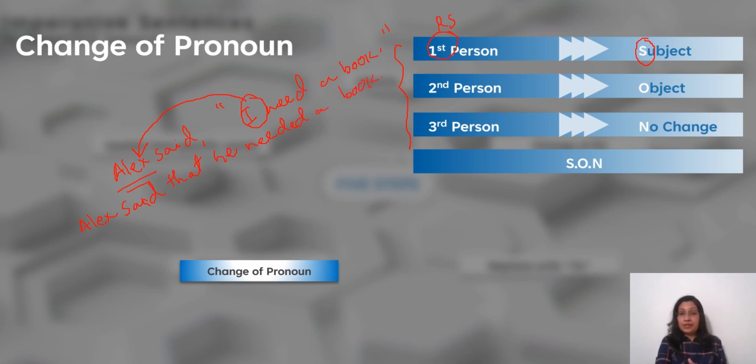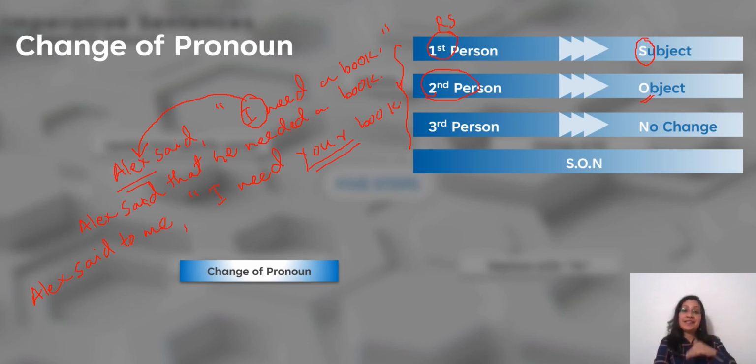Now if the reported speech has a second person, then it changes according to the object of the reporting verb. Supposing I say, Alex said to me, I need your book. In this case, you can see that there is a second person. The possessive is a second person.